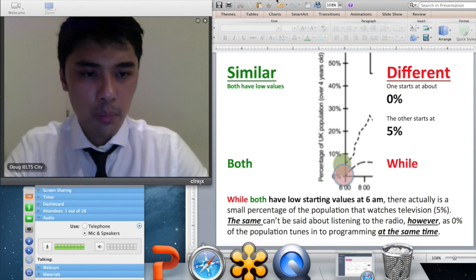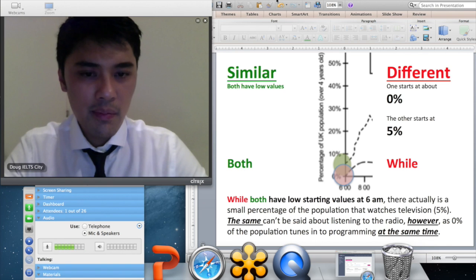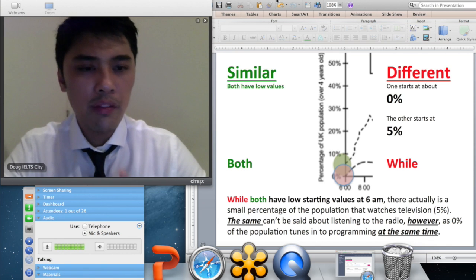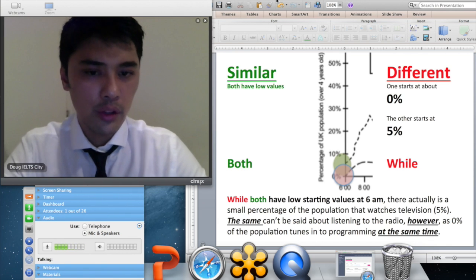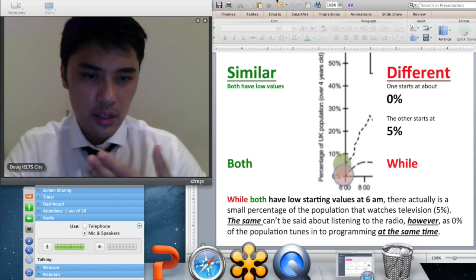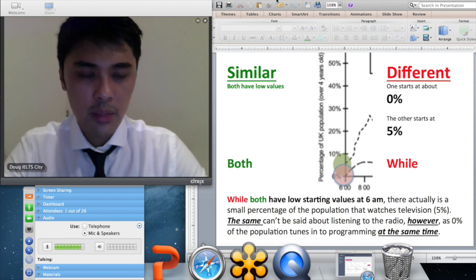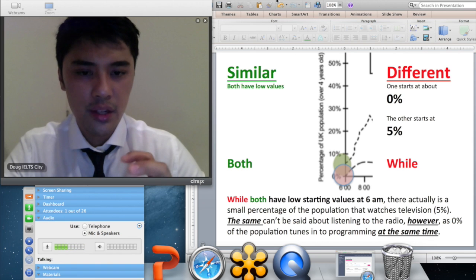Let's look at a few other points in this paragraph. We have a few words or phrases that have been placed in bold and have been underlined. We have this phrase, the same. Now, the same is being used to reference a point that was made earlier. In the sentence that precedes this, there's the point about watching television.